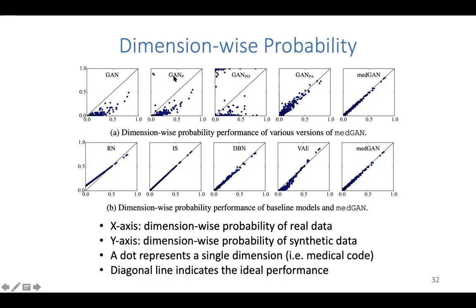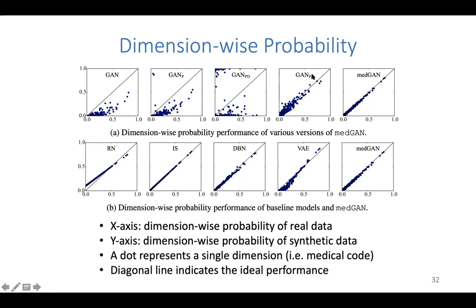Again, P seems slightly better. So adding the pre-trained autoencoder decoder seems slightly better. Again, PD, which uses the mini-batch discrimination technique that the authors claim helps image generation, does not help with tabular data generation.